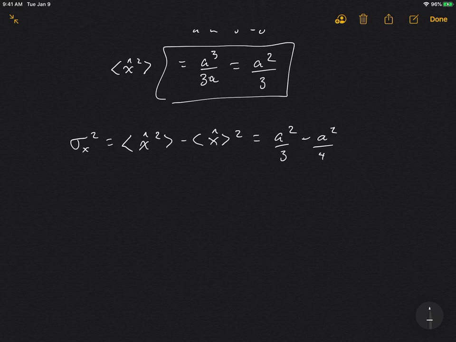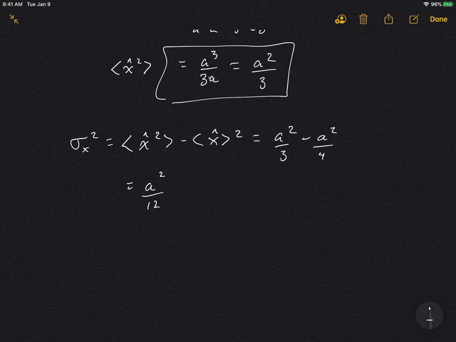And the difference, of course, is the reason why I liked making this substitution. I get a squared over 12 as the spread. And let's see, square root of 12, so the standard deviation is roughly a third or so times the size of the box, which sounds about right.